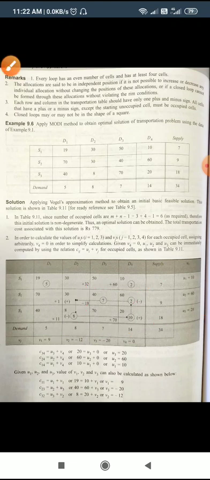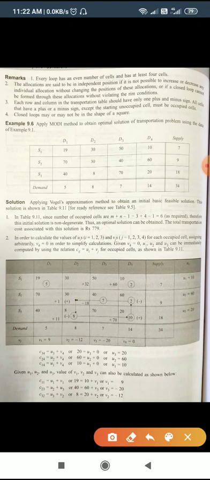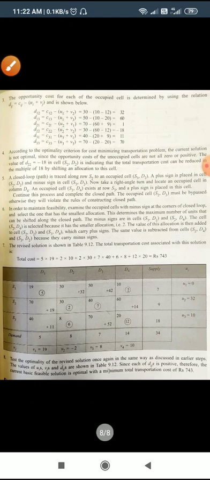Using this closed loop we give the maximum number of units, which should satisfy demand and supply. So we get the next table, and again u1, u2, u3, v1, v2, v3, v4.